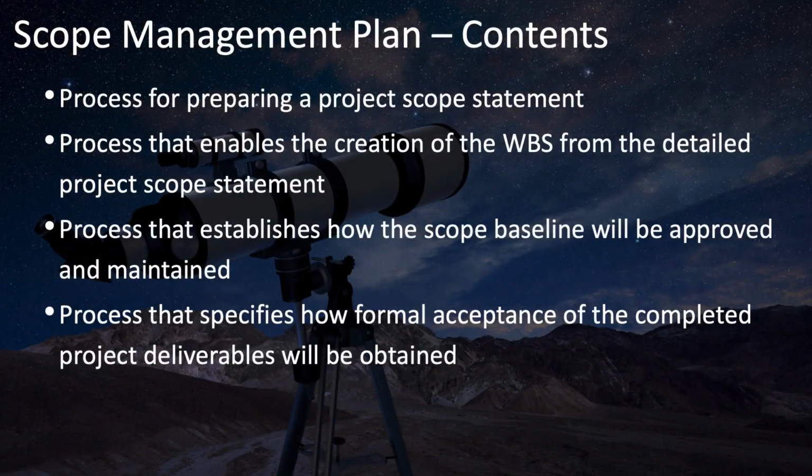The scope management plan defines the processes that will be used for preparing the project scope statement, the creation of the work breakdown structure, which is derived from the details of the project scope statement, how the scope baseline will be approved and maintained, as well as, of course, how formal acceptance of the completed project deliverables will be obtained.